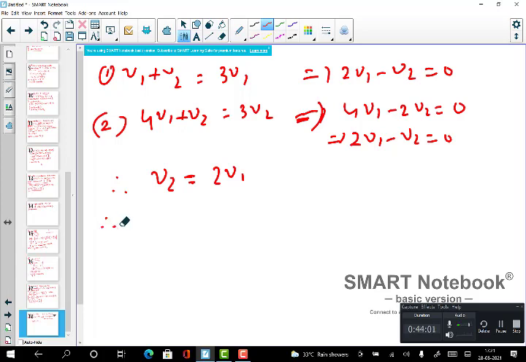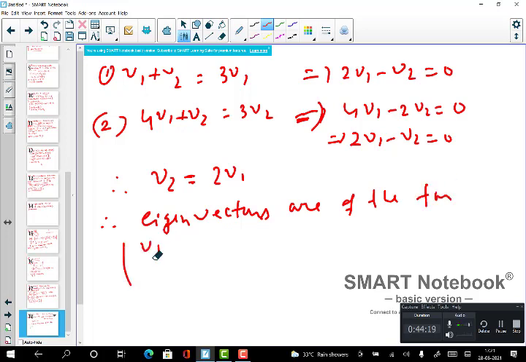Thus the eigenvectors are of the form V1, 2V1, such that V1 is not equal to 0.